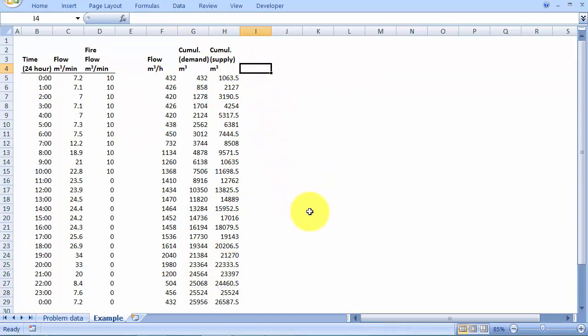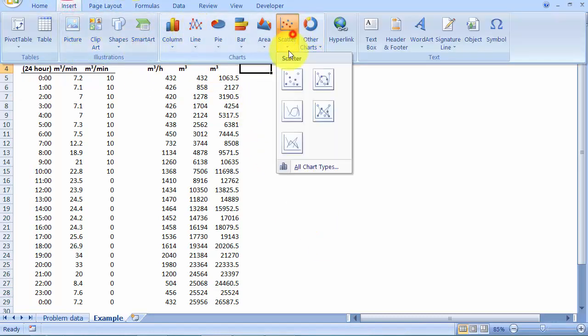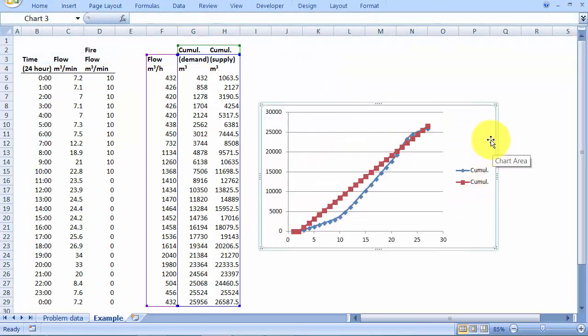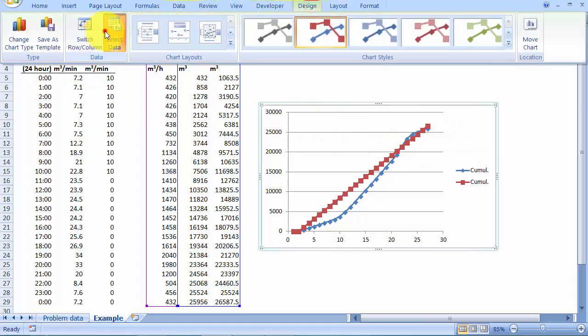If we were to plot a graph of this demand and supply, we want a scatter plot. That kind of plot will do as well. Oh, isn't Excel clever sometimes? It really knows what we want, except that we don't want that there. It hasn't exactly figured out what we want, so we'll have to change that a little bit.